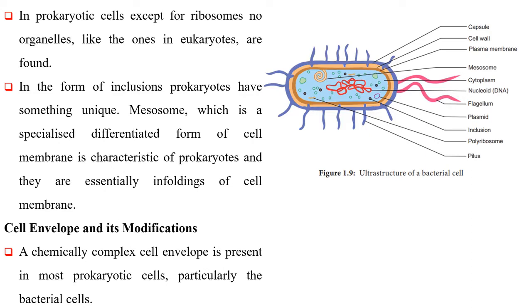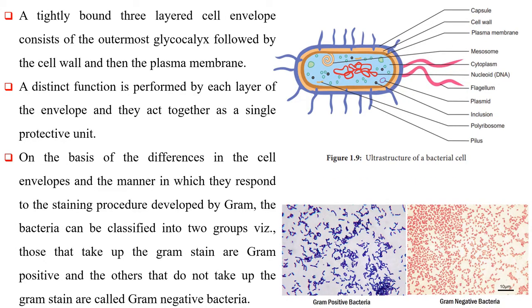A chemically complex cell envelope is present in most prokaryotic cells, particularly the bacterial cells. A tightly bound three-layered cell envelope consists of the outermost glycocalyx followed by the cell wall and then the plasma membrane. A distinct function is performed by each layer of the envelope and they act together as a single protective unit.